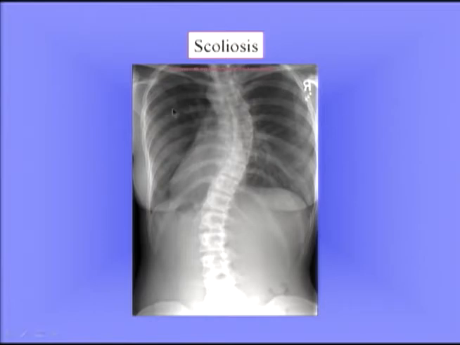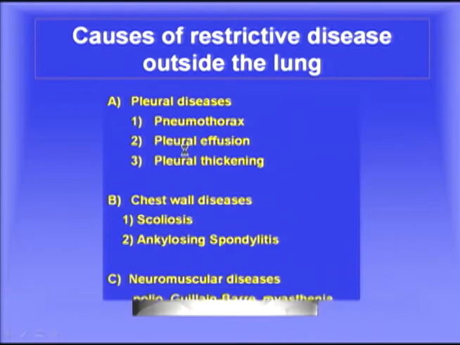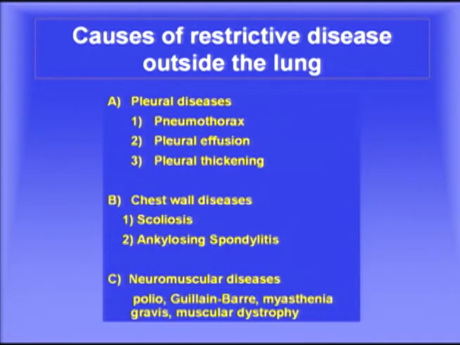Actually, on this side, you can see the chest wall being pressed in here, and you can get collapse of the lung on this side, and it's an example of restrictive disease. And ankylosing spondylitis is another nasty disease where the spine gradually becomes immobile, and it becomes impossible for the patient to take a deep breath.